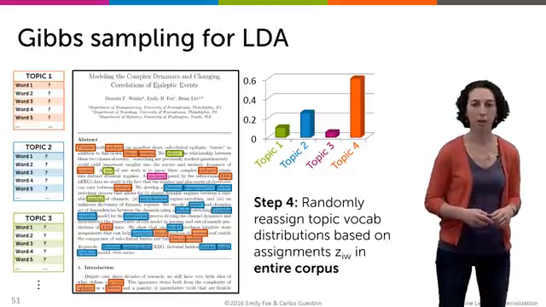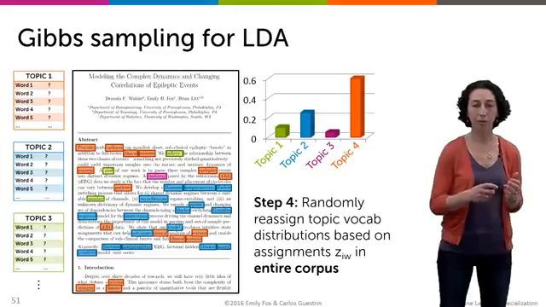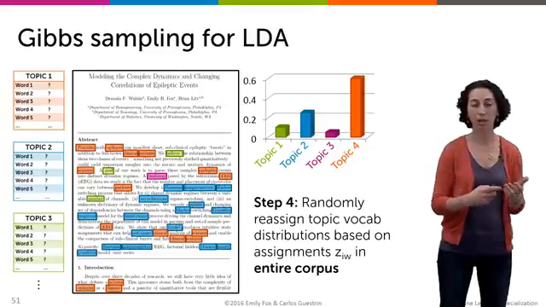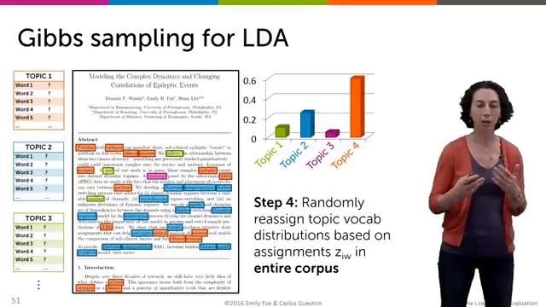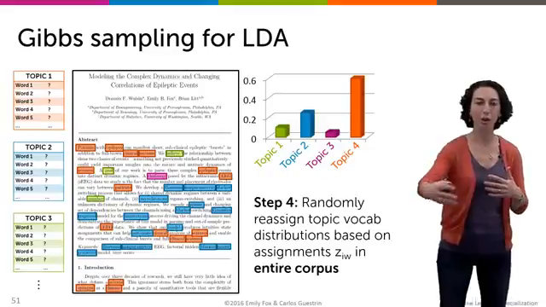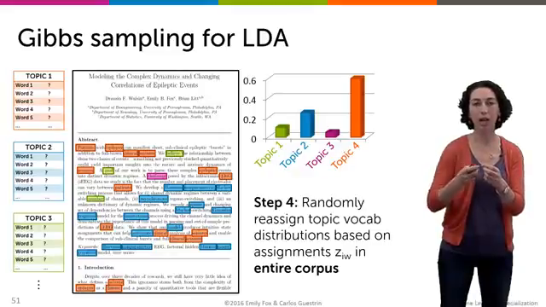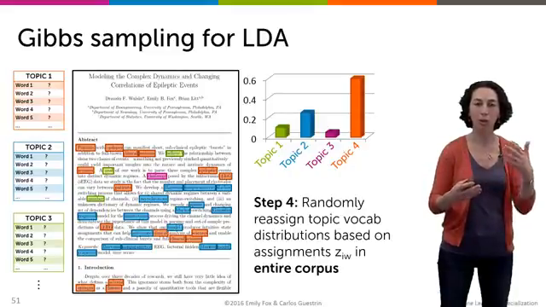And now when we go to figure out how probable are words within a given topic, what informs that? Well, we can simply look at our word assignment variables in the entire corpus now and say, for example, for the word EEG, we can think of how many times was the word EEG assigned to topic 1, and we can use that information to inform us of how probable EEG is under topic 1.